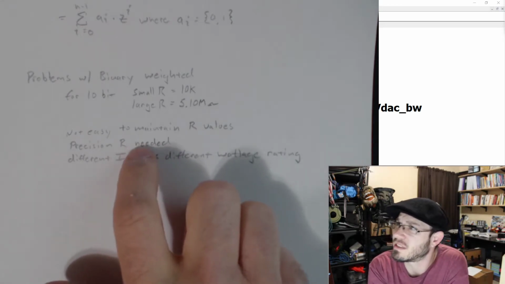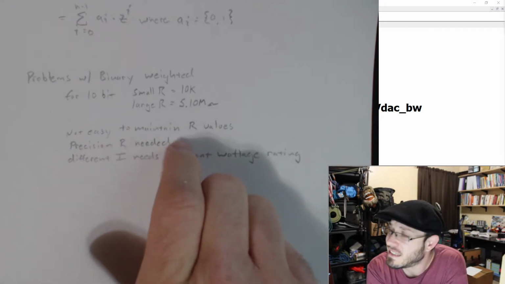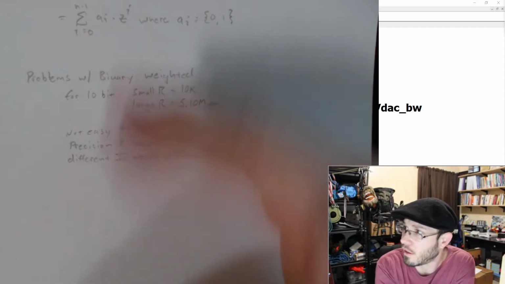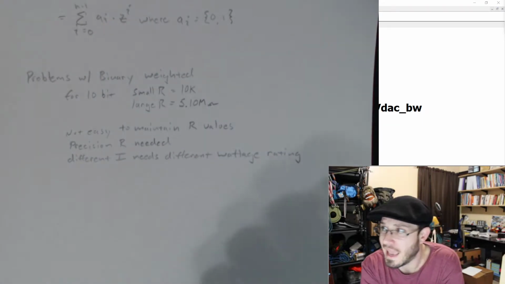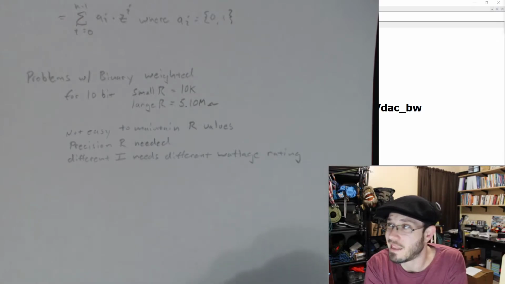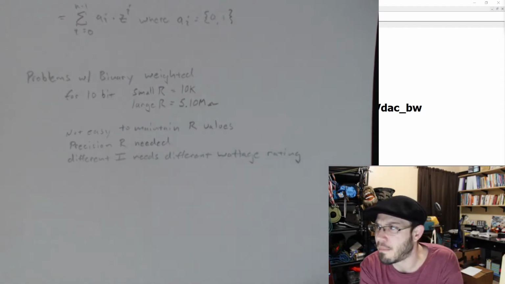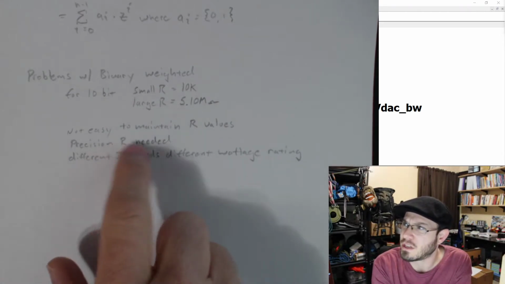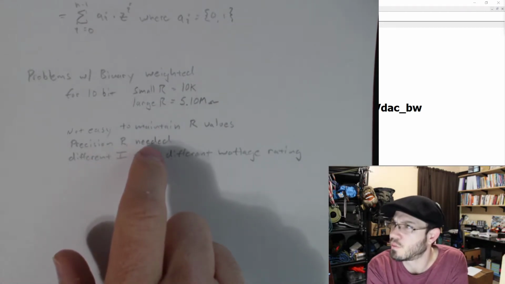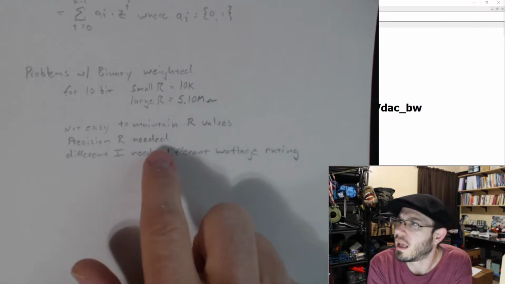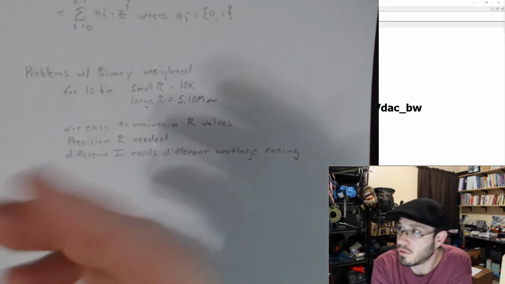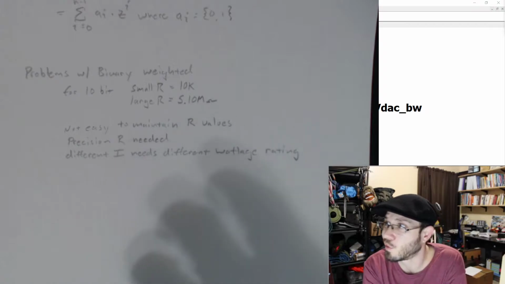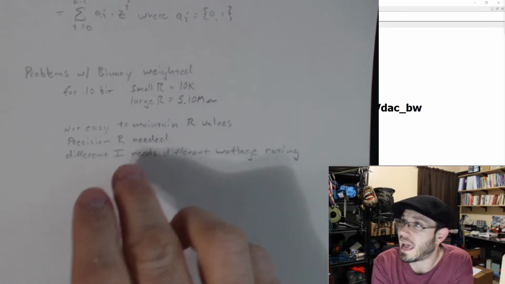You need precise resistances. It's not easy to maintain those resistance values of those powers of 2, and trying to find them and buy them is going to be difficult at best and very expensive even if you could, especially if you needed them to be very precision resistors for a larger DAC. So those are 2 very real practical limitations of a binary weighted resistor DAC.